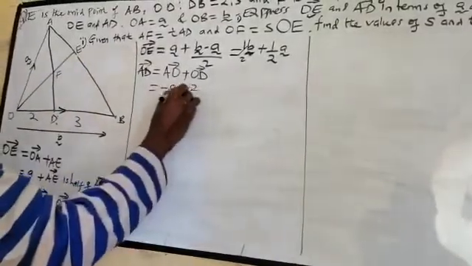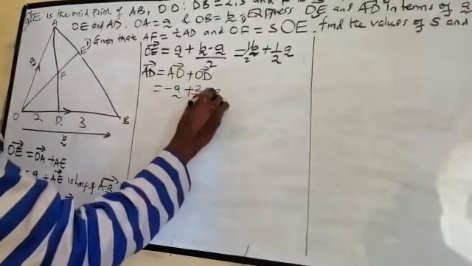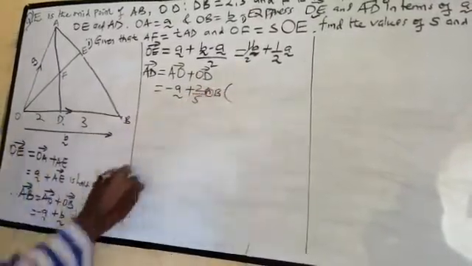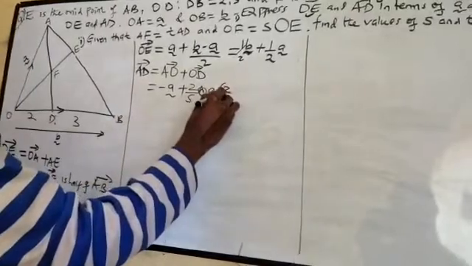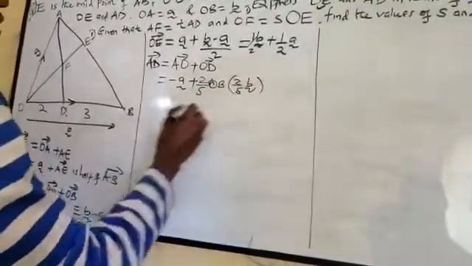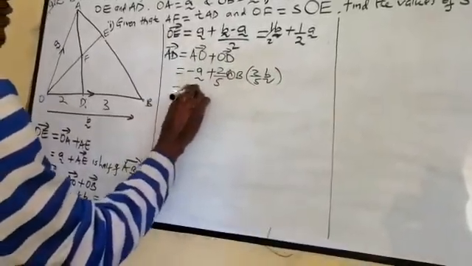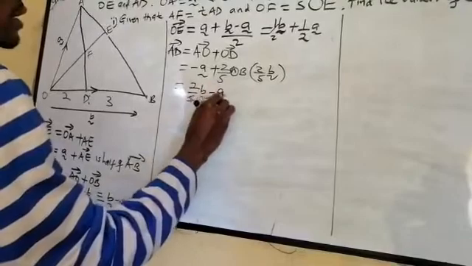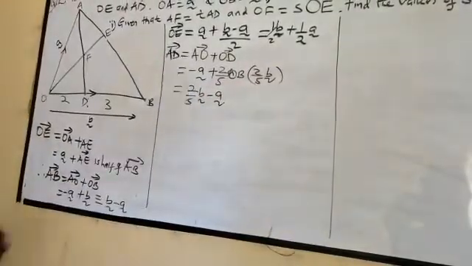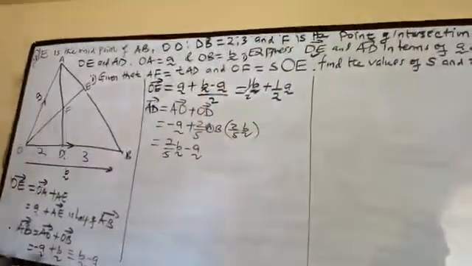OD is 2 over 5 of OB, which is vector B. If you write it beautifully, this will be 2 over 5 vector B minus vector A. That is now AD, the first question.